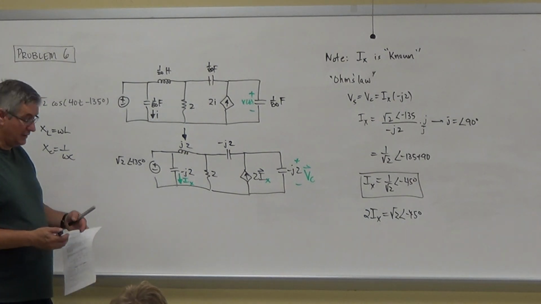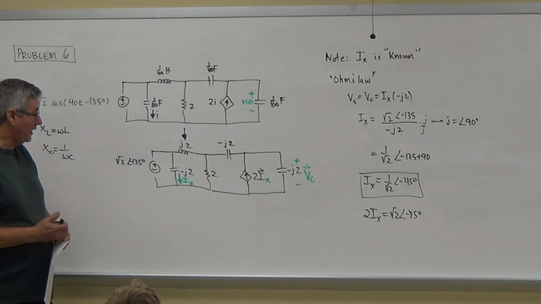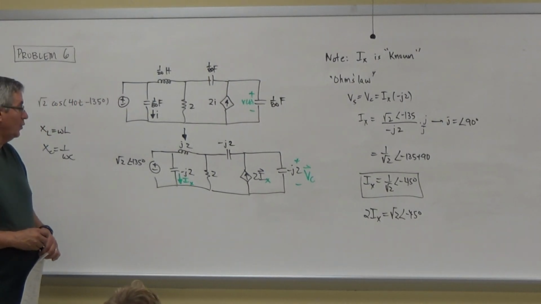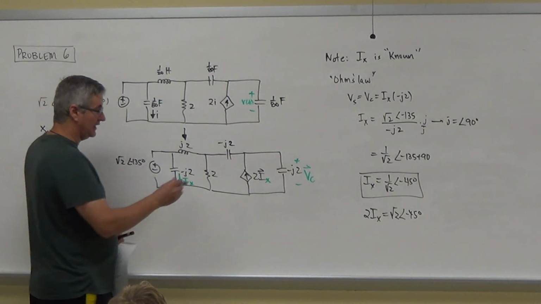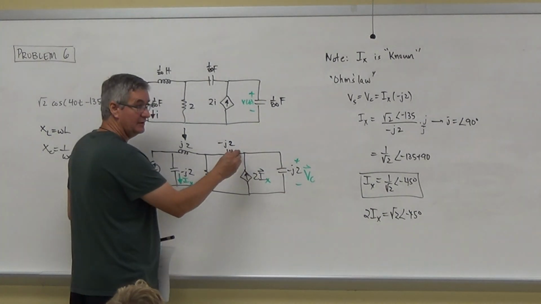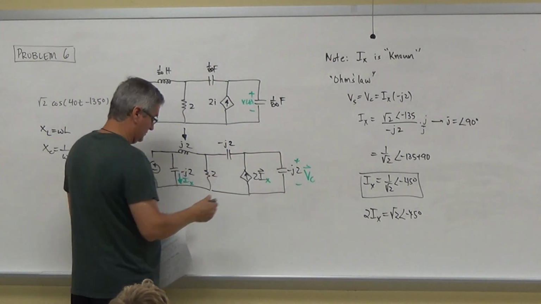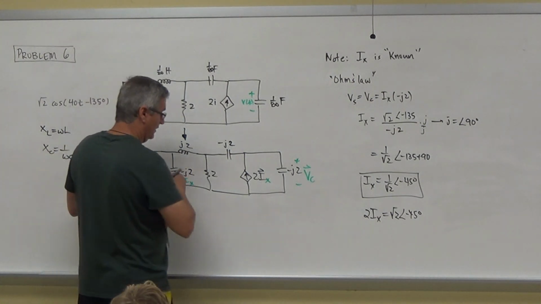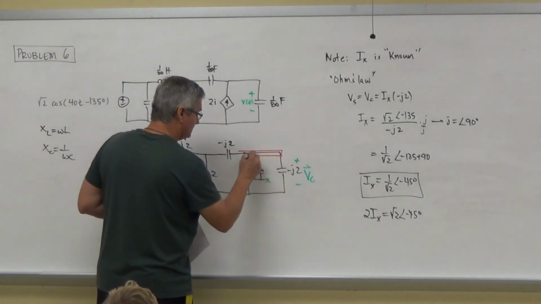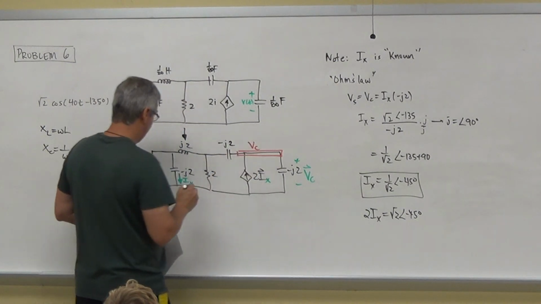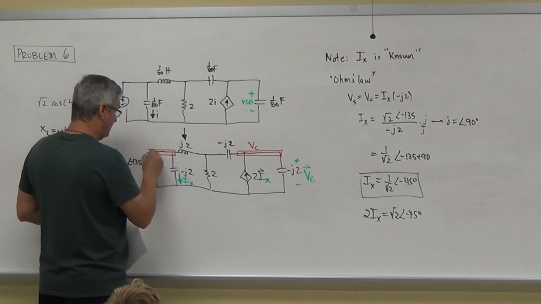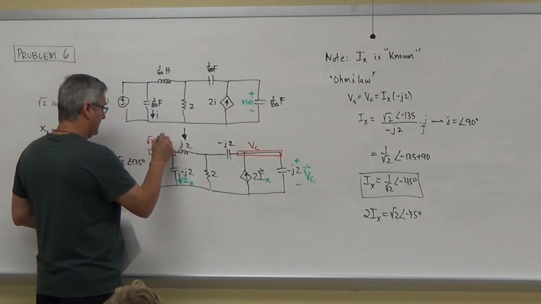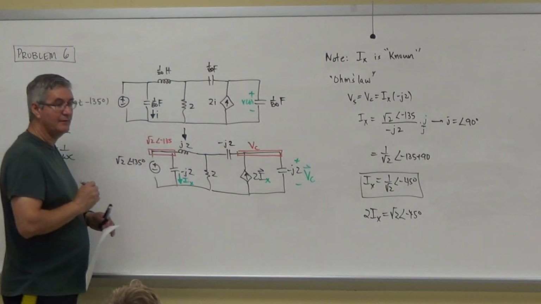So now, what am I going to do? I'm going to say we should use node. Why should we use node? Because I could make this one of my equations right here, one of my variables. So if I was to do this, let me bring out a different colored pen here. I would definitely call this VC. This guy is already known here, right? Because that's the square root of 2 at minus 135.